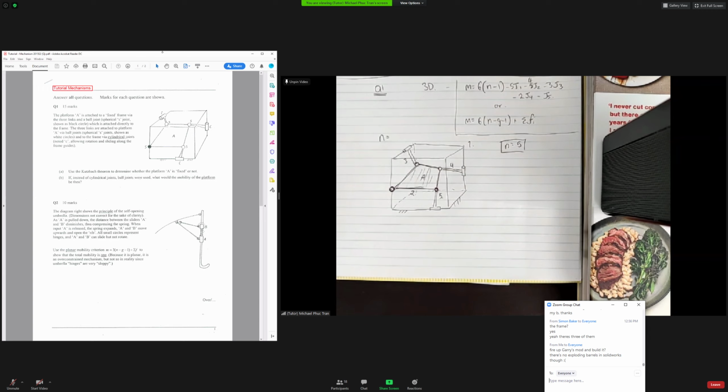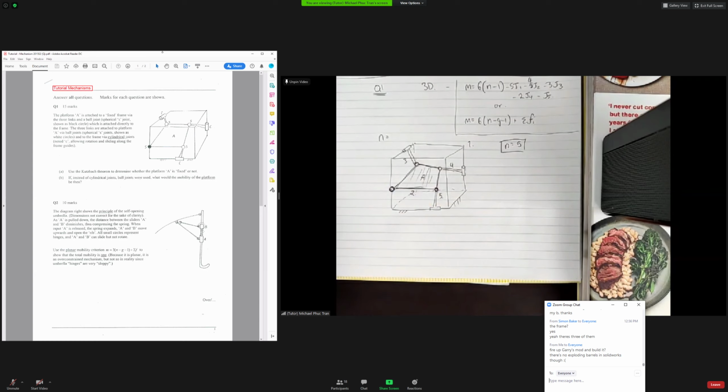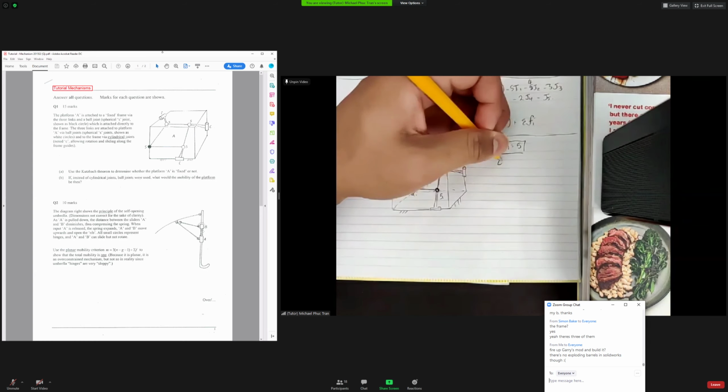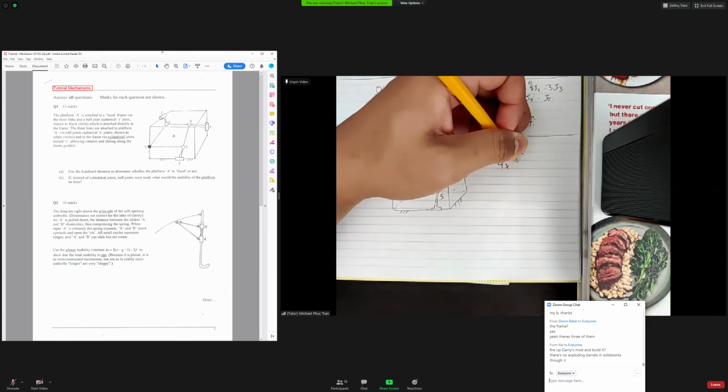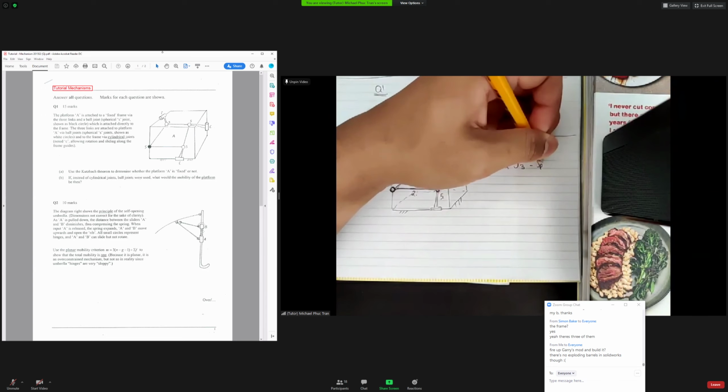In the 2D space, these would be pin joints, right? But because this is in the 3D space, you have more degrees of freedom. So we have 2 more degrees of freedom in rotation, and that makes these sphericals. And we have 4 of them. So 4 sphericals, and you can't translate these against another body. You can only rotate them. So we have 4 times J3, sphericals.